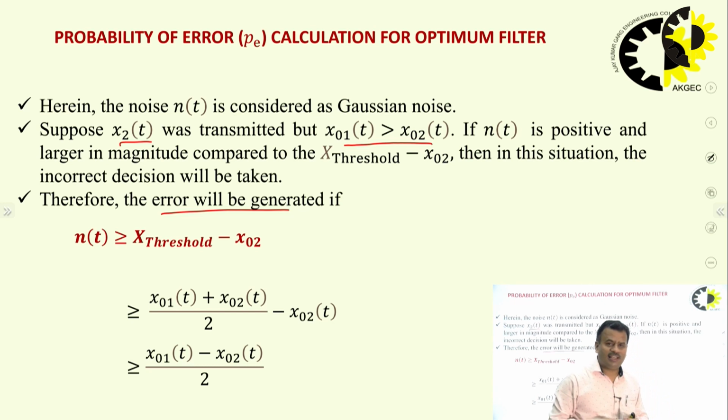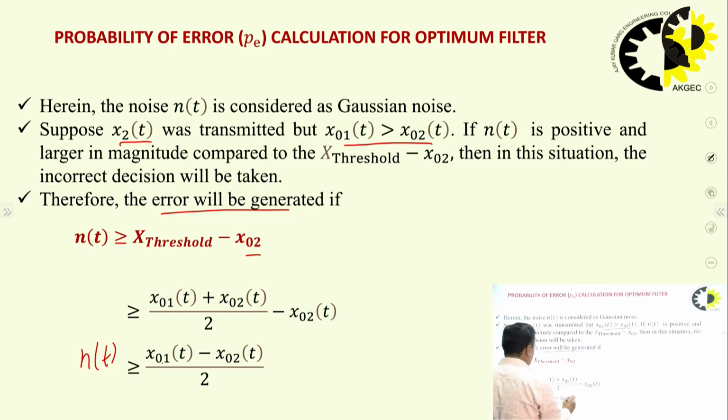If I am transmitting x1(t) but detecting the corresponding xo2(t), error will be there. Because I told you that the same signal that was transmitted should be received at the receiver; if it is not received, it means there is an error. So the noise error in terms of noise, we can write as threshold minus xo2. If you solve, then it will be noise, or in terms of error, in terms of this, (xo1(t) minus xo2(t)) upon 2.